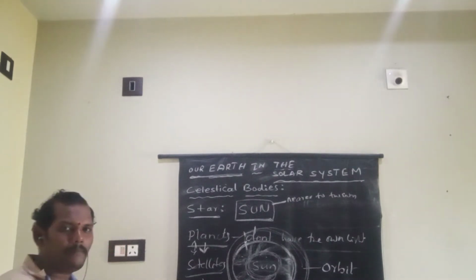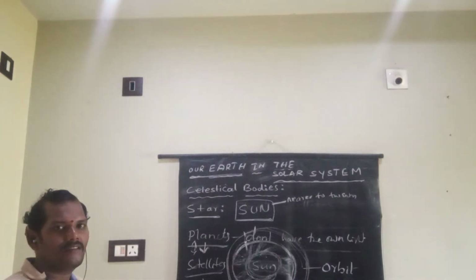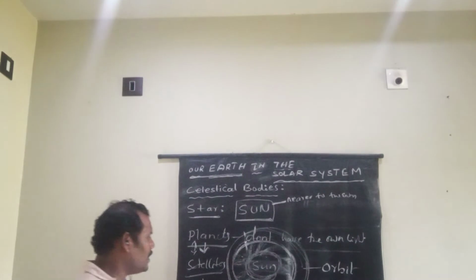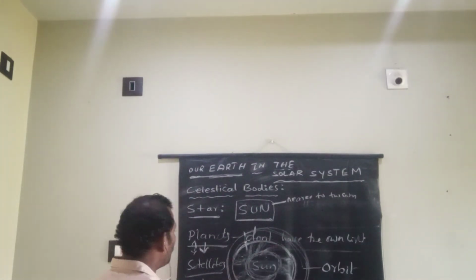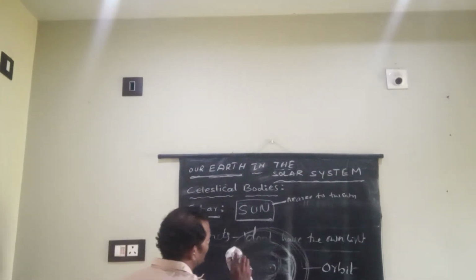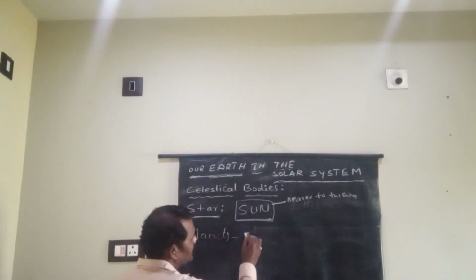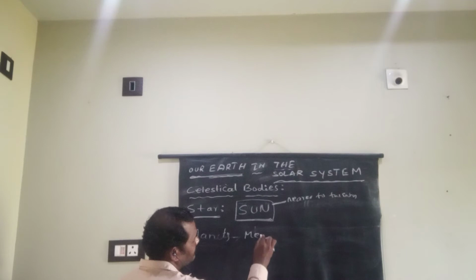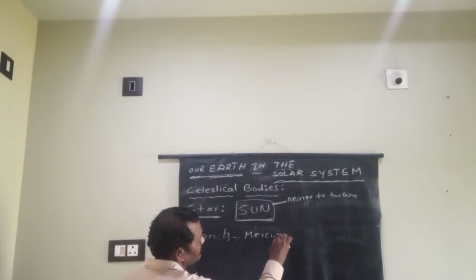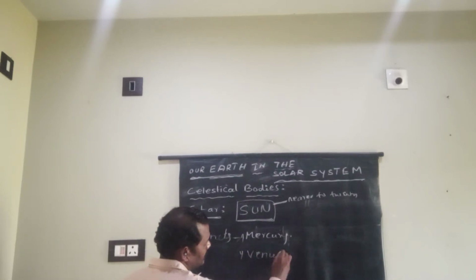Right? How many planets do we have? 8 planets. What are they? First one is Mercury. Second one Venus. Third one Earth.